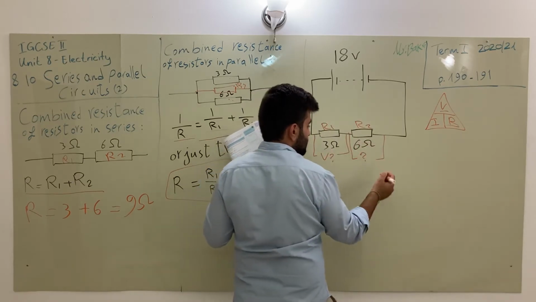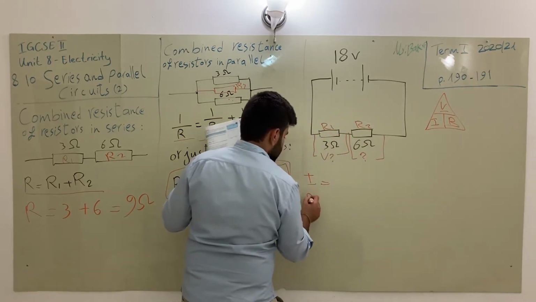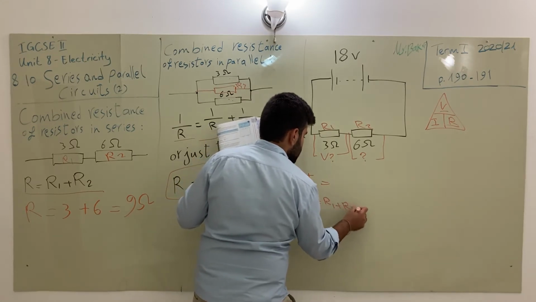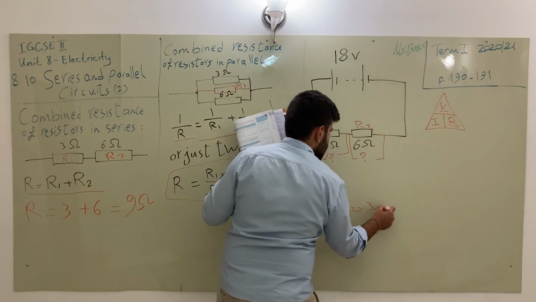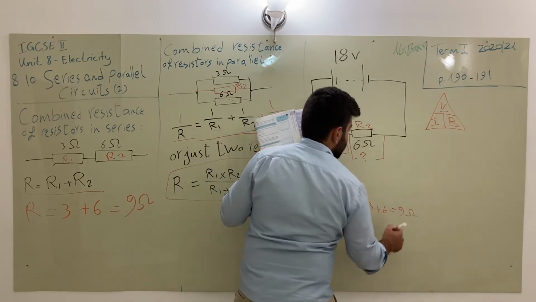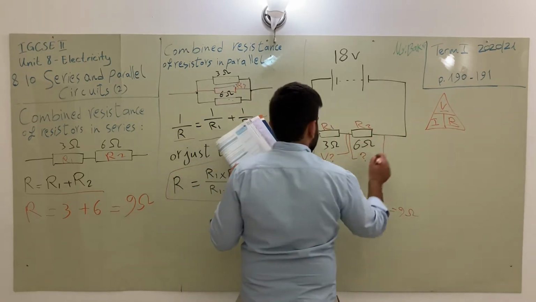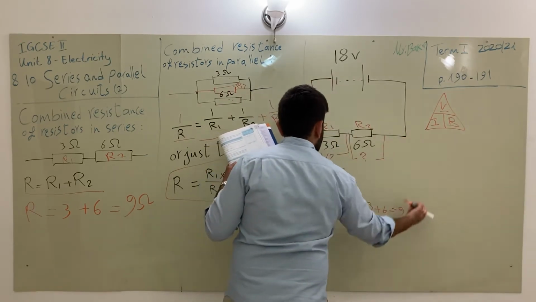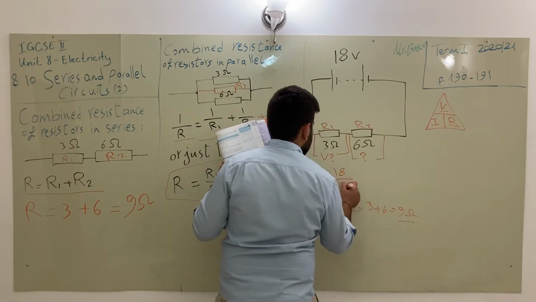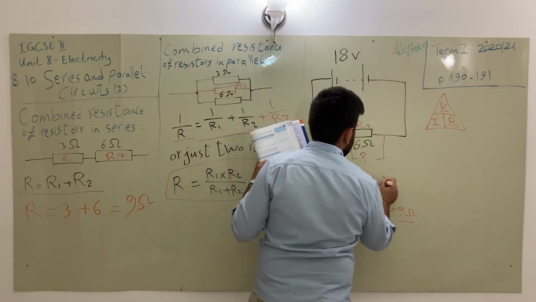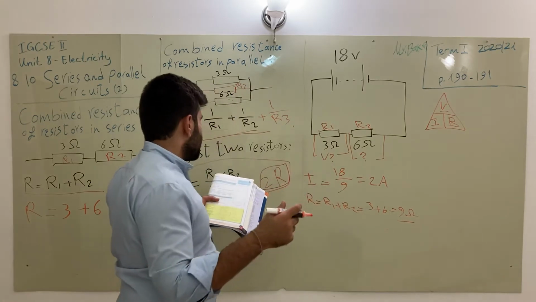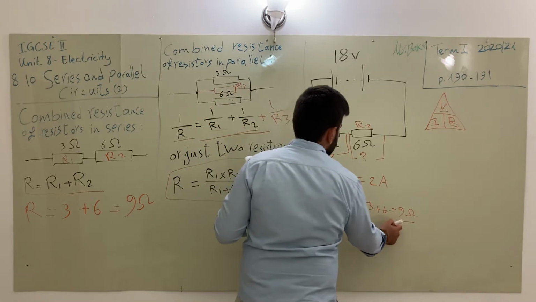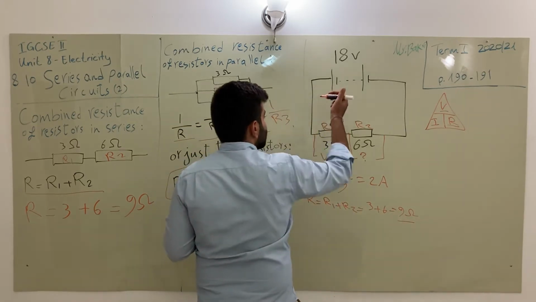I have 2 R's, that means R is equal to R1 plus R2, equal to 3 plus 6, equal to 9 ohm. Okay? I have here 18 volt on the R, 9 ohm, and it's equal to 2 ampere. Now after I have the current, and I have the total resistors, and I already have the volt.